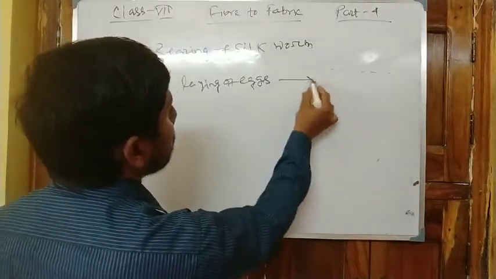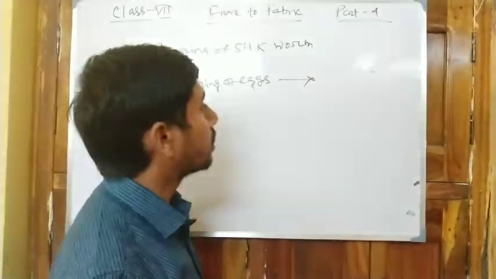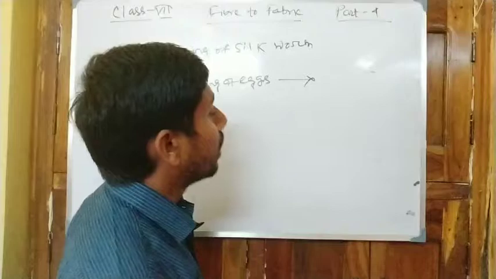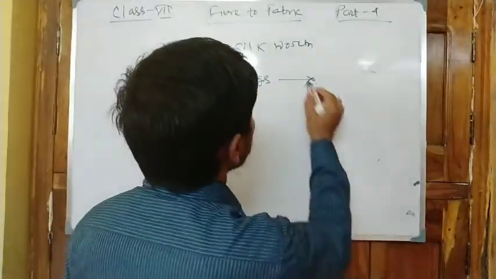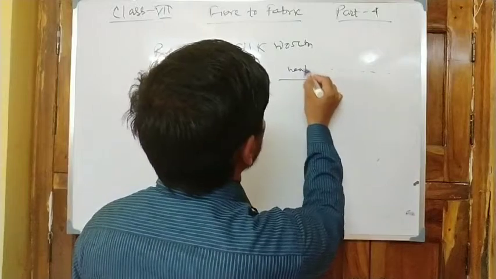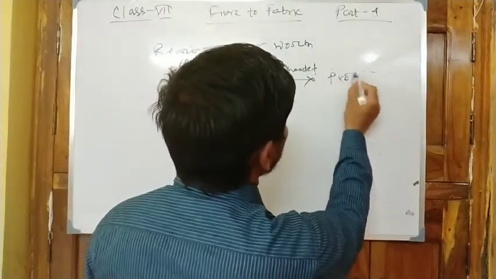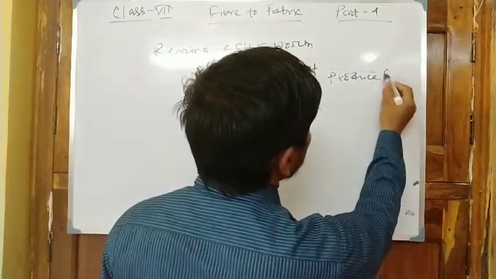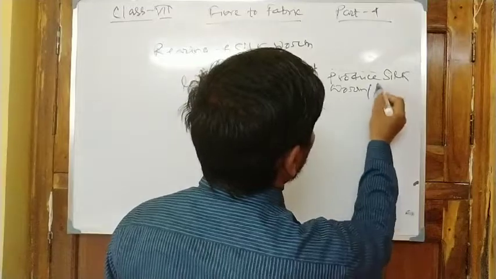Then the eggs are maintained at a definite condition, that means good temperature and humidity, and when the mulberry leaves have grown, the eggs are heated to produce the silkworm or larva.